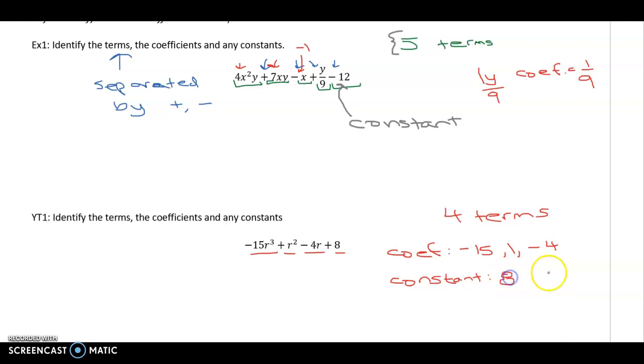So +8 is a constant. So 4 different terms, 3 of them have coefficients, and 1 of them is a constant. Those are considered variable terms, terms with variables, and the +8 is just a constant. We always call a number by itself a constant.